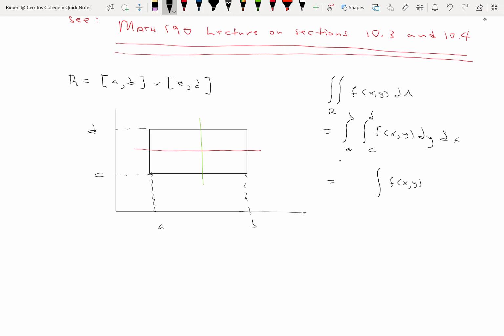We would integrate the function first with respect to x, and the red line first enters the rectangle at x equals a and exits at x equals b. Then we integrate that result from c to d. Of course, for this particular case of integrating over a rectangle, you really didn't have to do the line drawing through the region. But this idea of putting these lines through the region sets us up for success in more complicated regions.